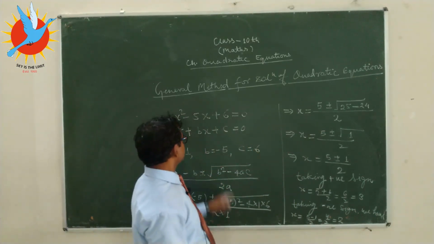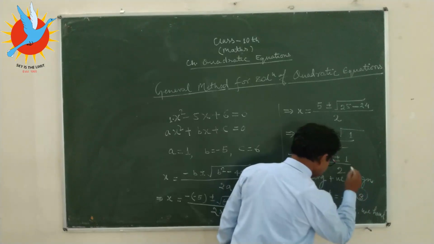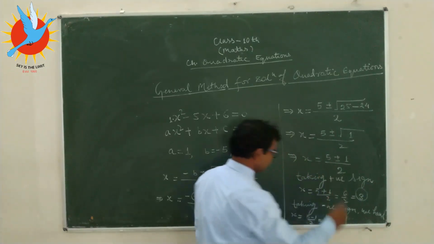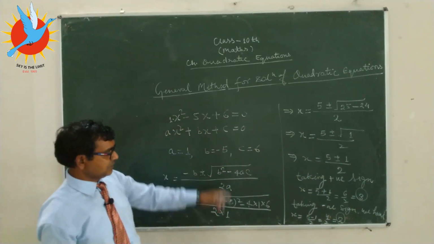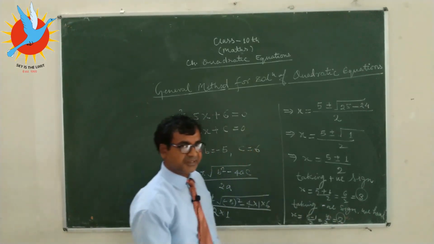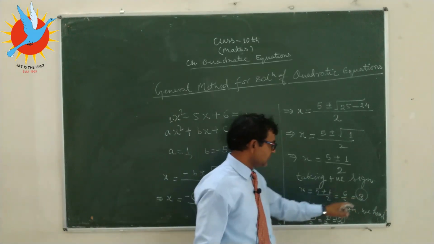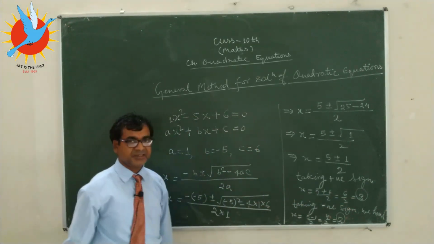So the solution of this quadratic equation is 3 and 2. This is a quadratic equation and these two real numbers 2 and 3 would satisfy it. Therefore, these are the solutions of this quadratic equation.